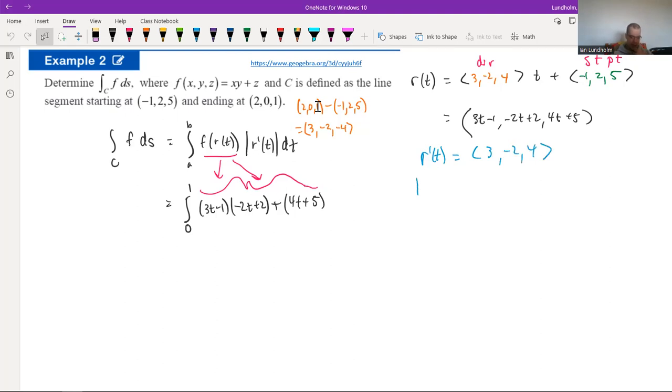The magnitude of this direction vector will be the square root of 3 squared plus 2 squared plus 4 squared. 9 plus 4 plus 16, 29? Square root of 29? I think so. Cool. And so we'll have all of this times the square root of 29 dt.